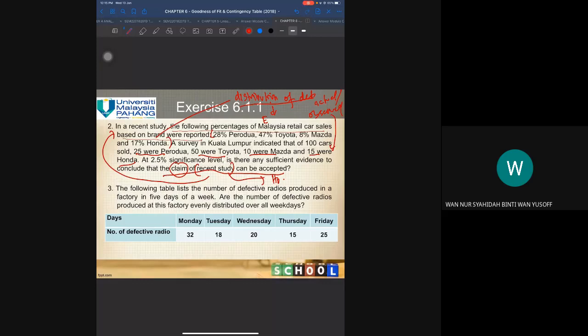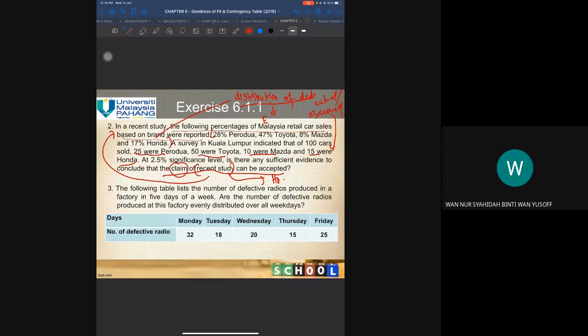If your chi-square test statistic is smaller, the decision is do not reject H-naught. Do not reject H-naught means that chi-square is smaller, so the observed frequency, your actual data, is close to the expected frequency. So we have a good fit. That's what we mean by goodness of fit test.